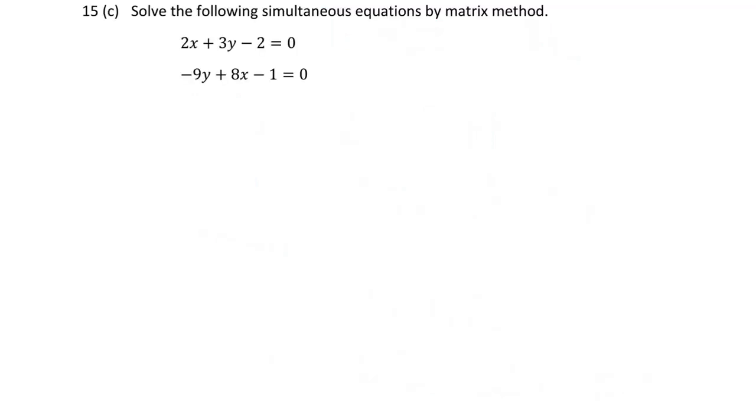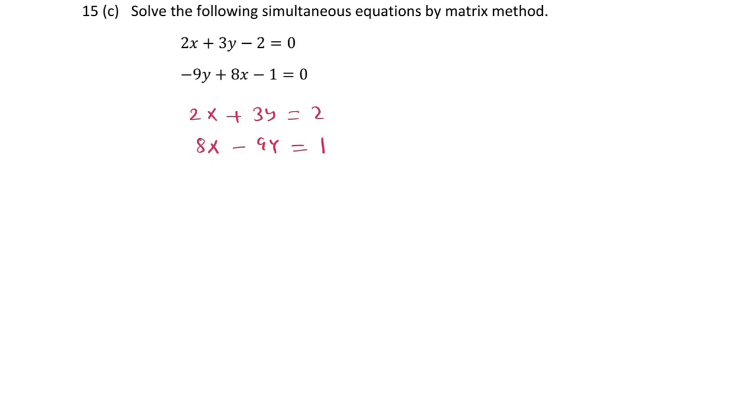Part C: solve the following simultaneous equations by matrix method. So we've been given 2 equations there. First, let us rearrange these equations. We are having 2x plus 3y equals 2, and then 8x minus 9y equals 1.